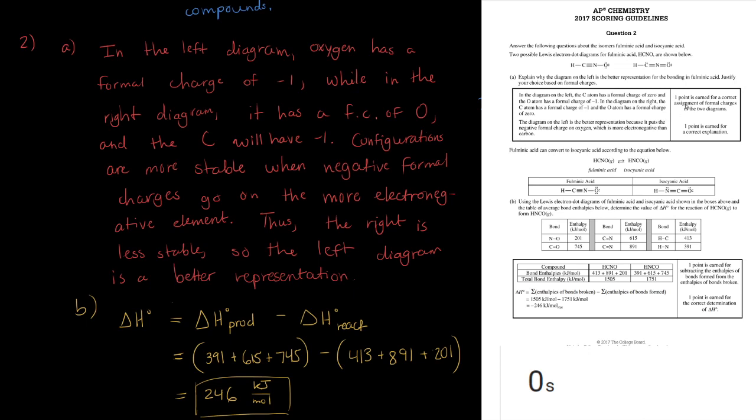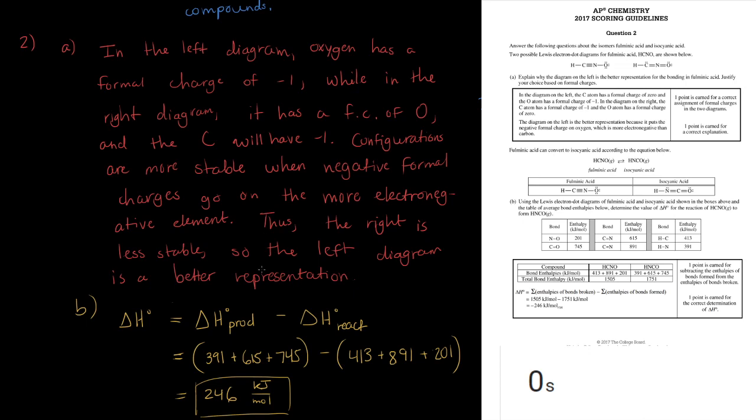So I need 1 point for a correct assignment of formal charges. In the left diagram, oxygen has a formal charge of -1. In the right, it has a formal charge of 0, and the carbon will have -1. Oh, I probably should have said that the carbon would have a formal charge of 0 in the left diagram. But you didn't really need to talk about the formal charge of the carbon on the left diagram. More stable means negative formal charges go on more electronegative elements.